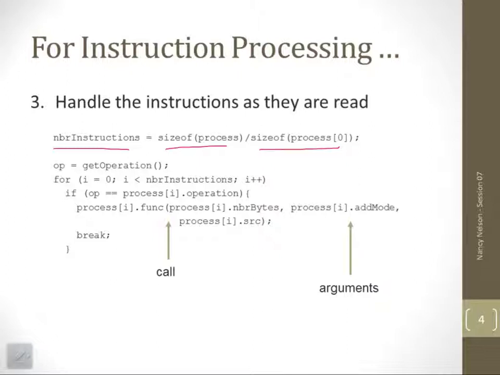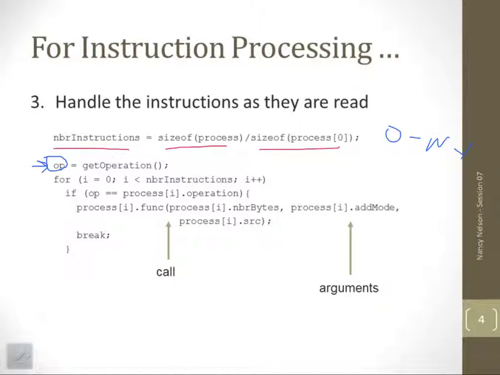Now, here our first instruction is similar to where we ask the user to pick a menu. So here we're going to get the operation. So we may be getting that from some machine code somewhere. We may be getting it from the user. In any case, OP, or operation, will now have a number from 0 to something less than the number of elements we had.